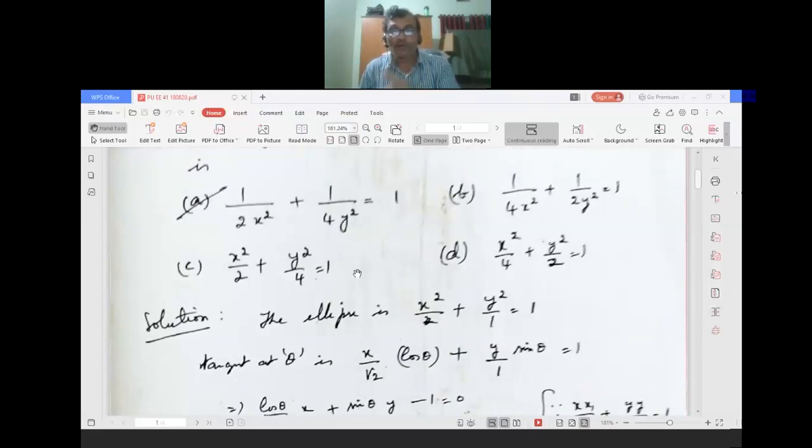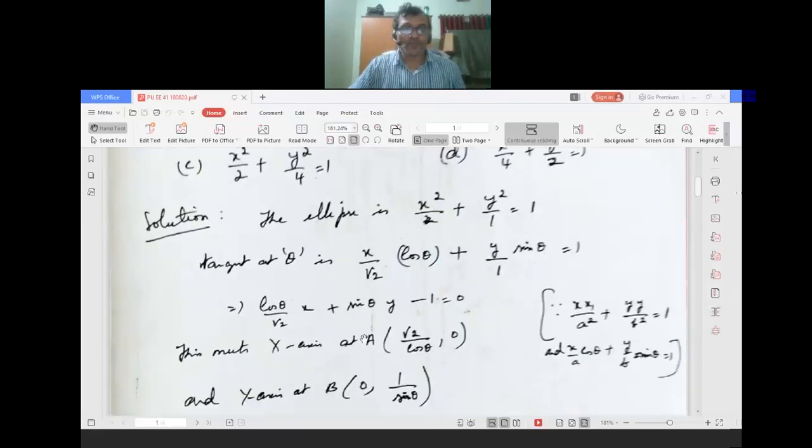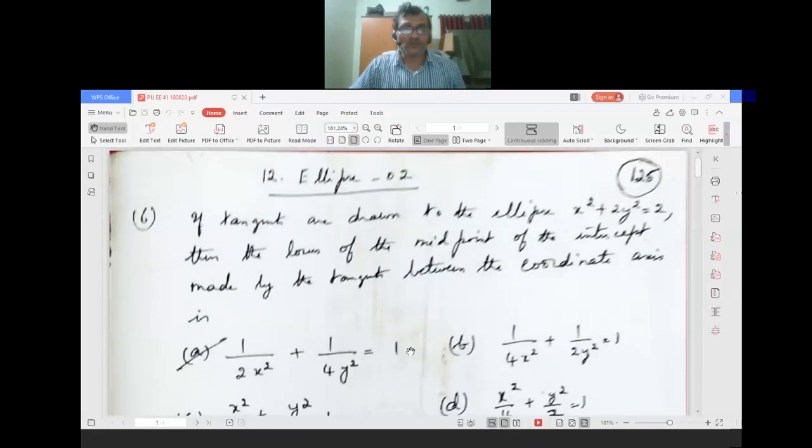Second option, 1 by 4 x squared plus 1 by 2 y squared equals 1. Third option, x squared by 2 plus y squared by 4 equals 1. And fourth option, x squared by 4 plus y squared by 2 equals 1. Among these we have to select the correct one.